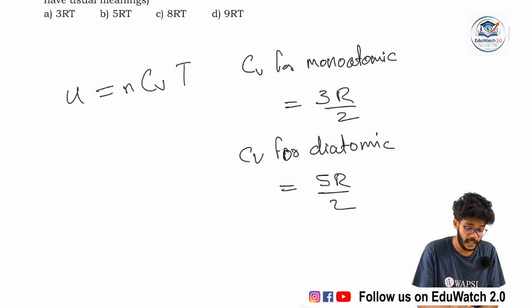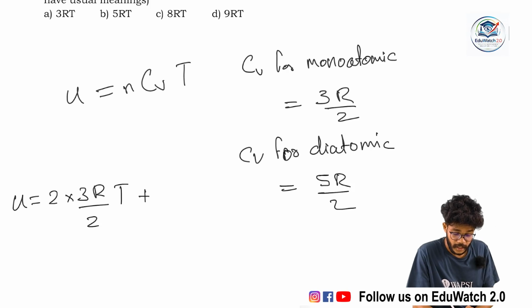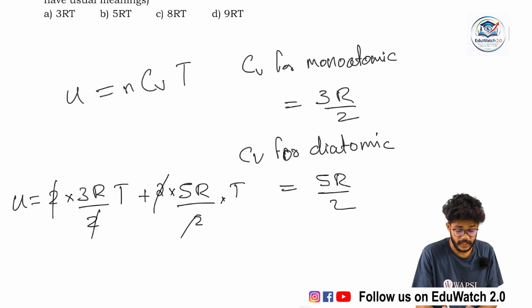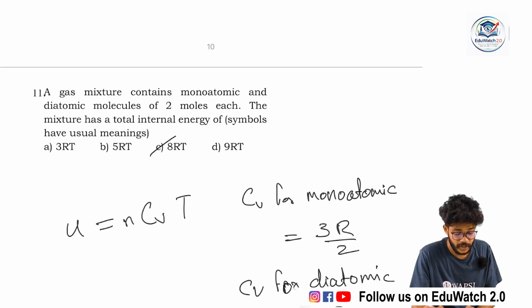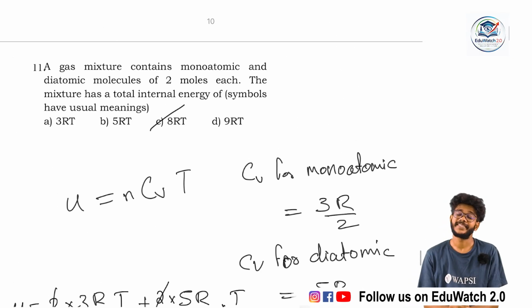So total internal energy U is equal to 2 into 3R by 2 into T plus 2 into 5R by 2 into T. That means 2 and 2 cancel. 3RT plus 5RT is 8RT. Option C is the correct answer. Okay, so thank you.